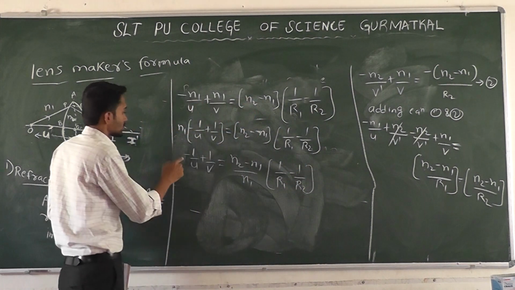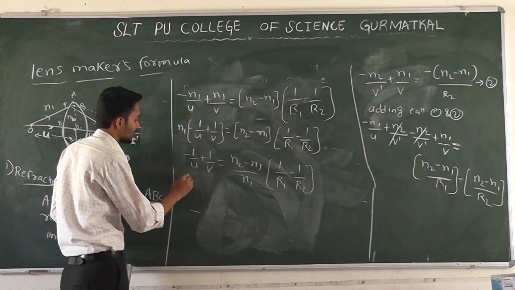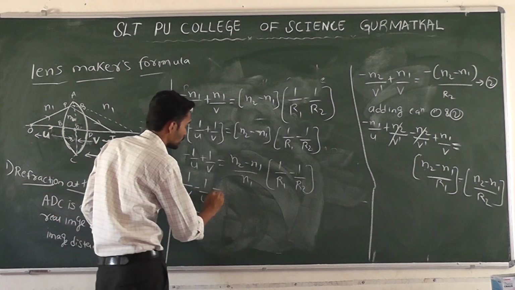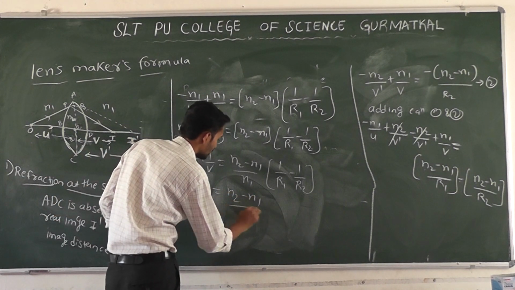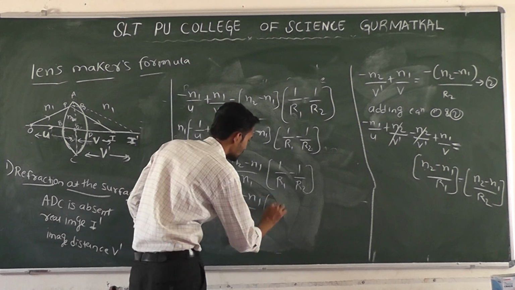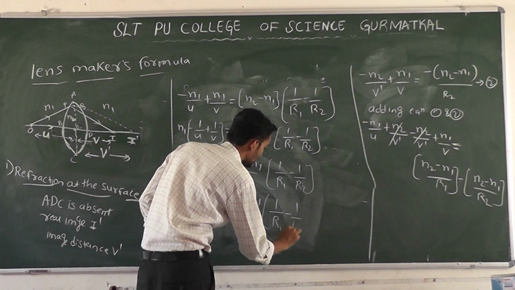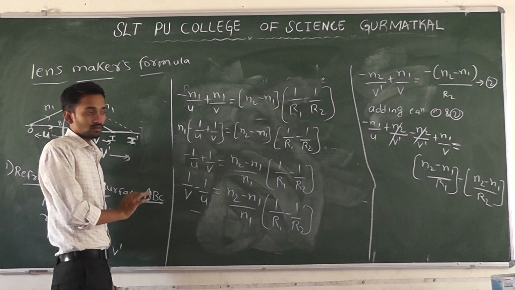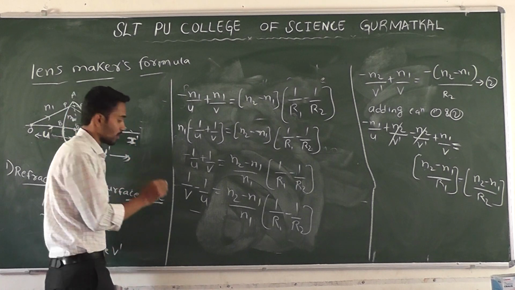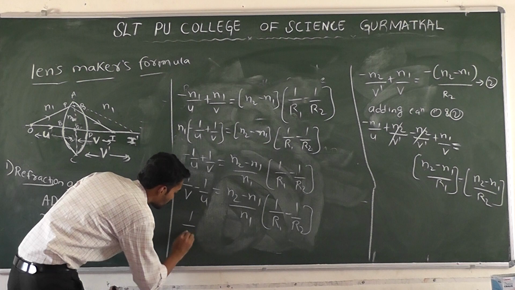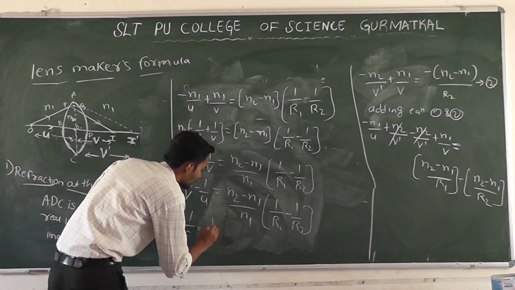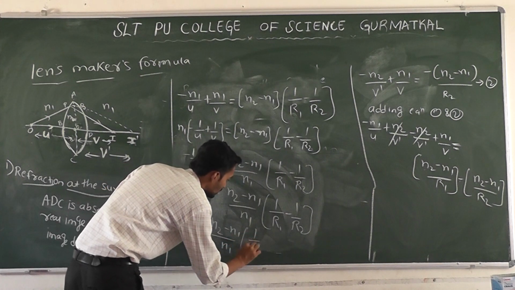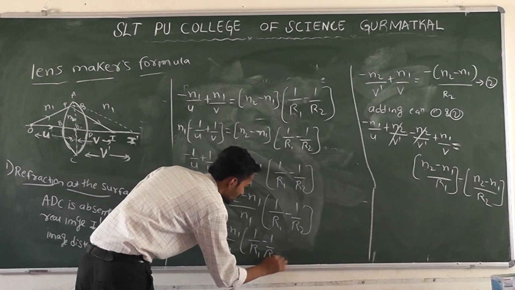Next, minus 1 by u plus 1 by v, how can we write it? 1 by v minus 1 by u is equal to n2 minus n1 by n1, and the remaining is 1 by R1 minus 1 by R2. So 1 by v minus 1 by u is the thin lens formula. So I will write 1 by f. The remaining is n2 minus n1 by n1, 1 by R1 minus 1 by R2.